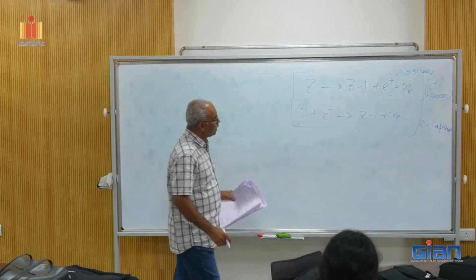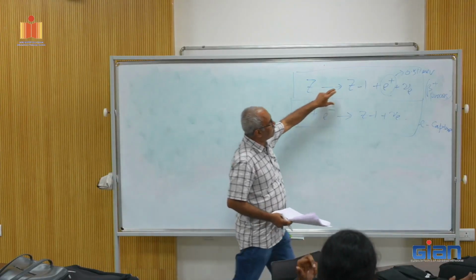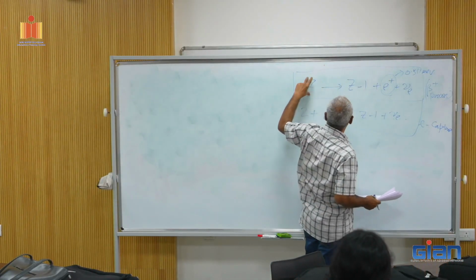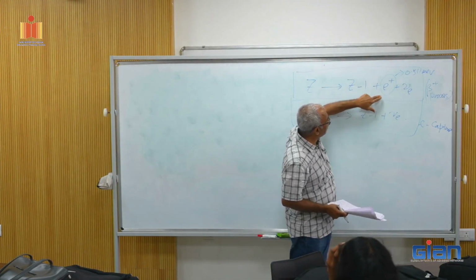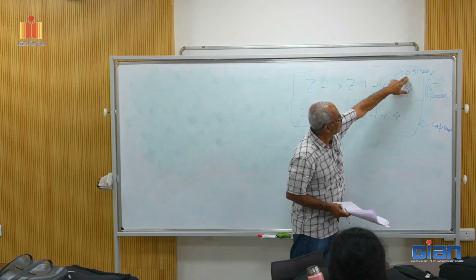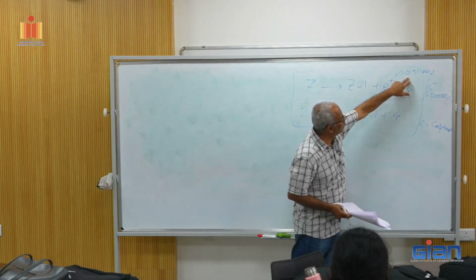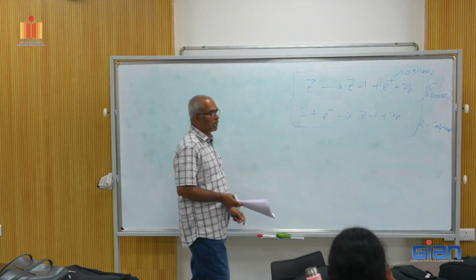If the available energy in this process is not that much, particularly since we don't know what specific Z we are considering, if the emitted energy is not more than, let's say, 0.511, this process will not take place.